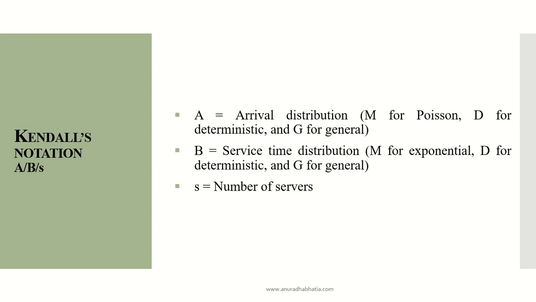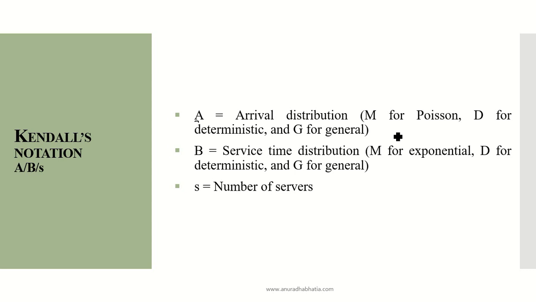Kendall's notation is used, where it is A slash B slash S. Let's see what these A, B and S stand for. A is the arrival distribution, where A can be replaced by M if it is a Poisson distribution, D if it is a deterministic distribution, and G if it is a general distribution.